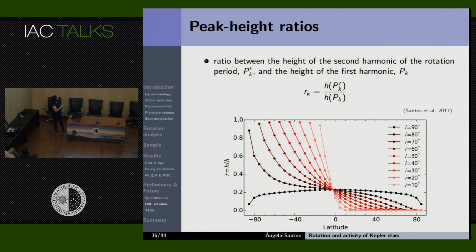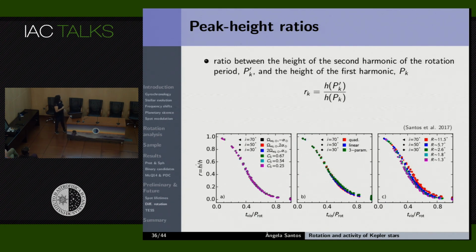So we can see here that for a given inclination angle, there's a well-defined relation for the peak-height ratios. So if we know the inclination for the stars, we may be able to constrain latitudes of spots. And we also showed that these peak-height ratios are not strongly dependent on other properties that other methods such as spot modeling are dependent on.